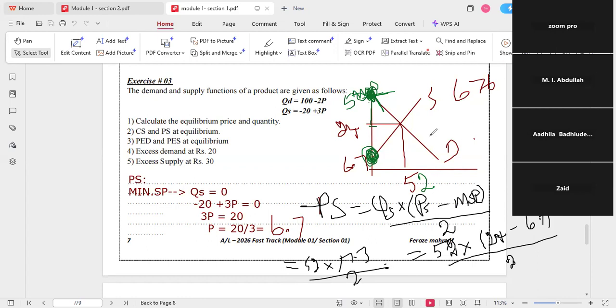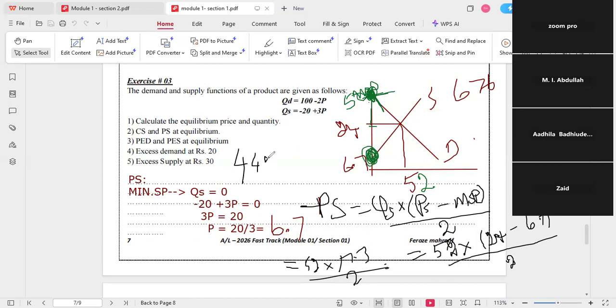Can somebody tell me the producer surplus answer? It is 449.8. Number is not the issue.